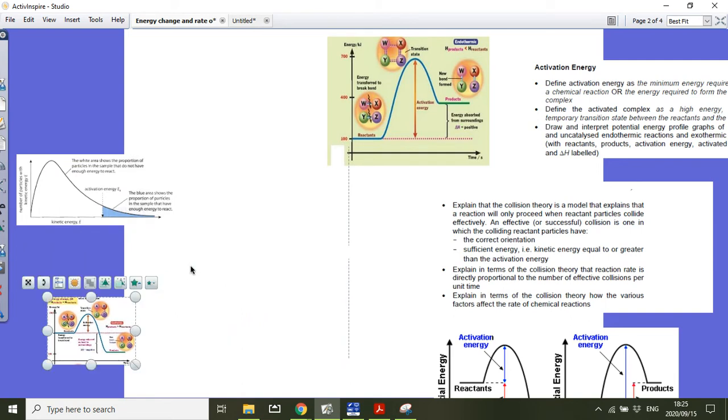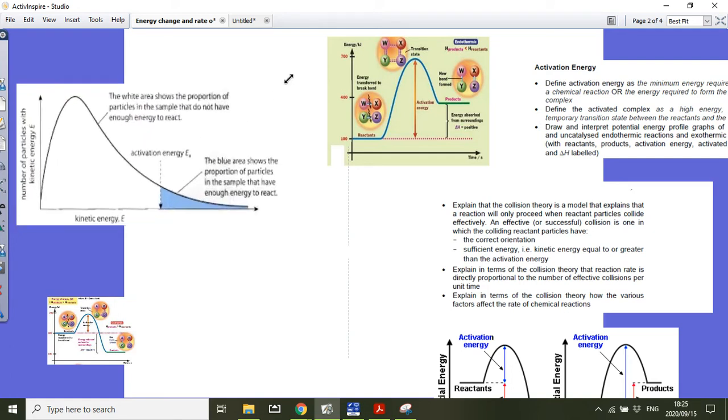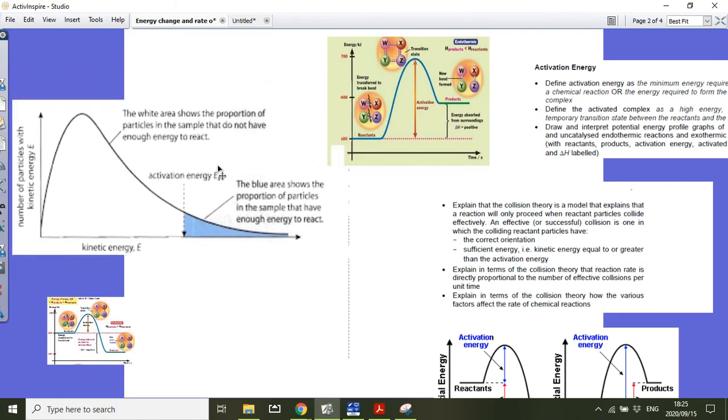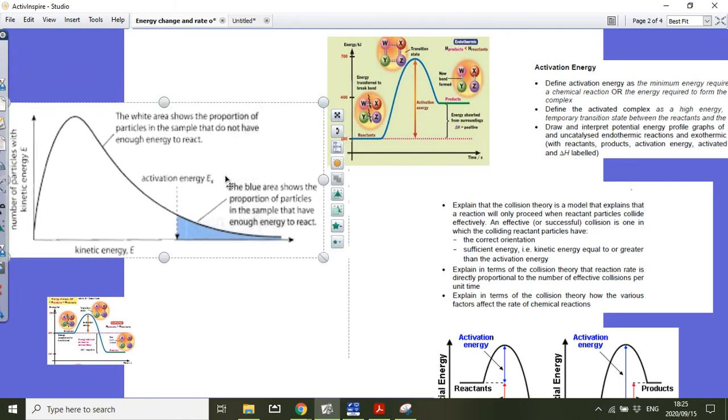feel hot. Now for these ones, and it's not really mentioned in the SAGs here, but I just want to quickly mention the Maxwell-Boltzmann graphs as well here. So for a Maxwell-Boltzmann graph, you will see that they are talking about the number of particles with a certain amount of kinetic energy.